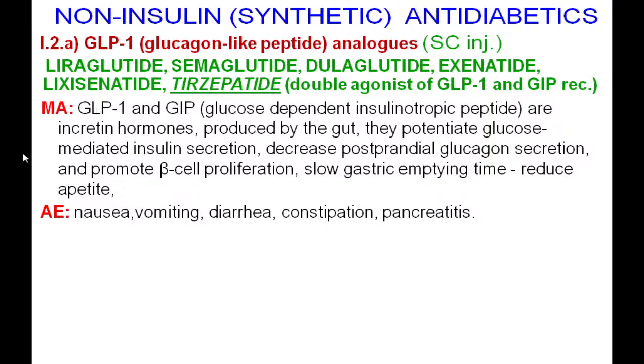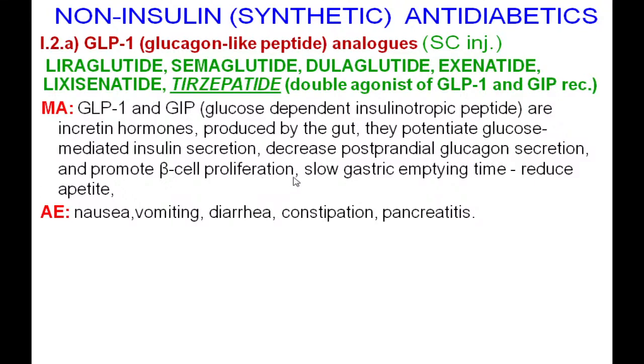Both these peptides are incretin hormones or incretins. These hormones are produced by specific cells of the gut. They potentiate glucose-mediated insulin secretion, decrease postprandial glucagon secretion, but glucagon is contra-insulinic factor, and promote beta cell proliferation.